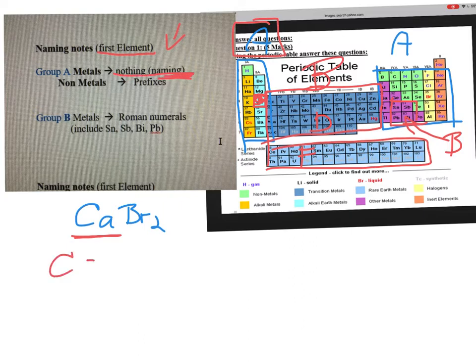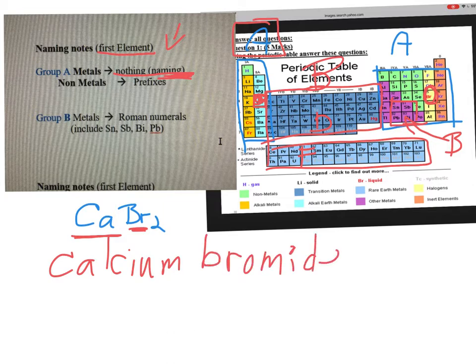Ca is calcium. Br comes from over here, and that's bromine. Remember that your bromine changes to bromide. The last word always ends in -ide. This means it's an element that comes off the periodic table. And that's it. That's your name.